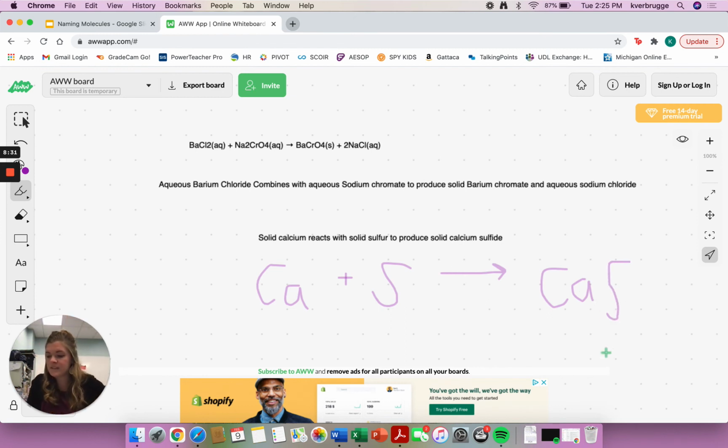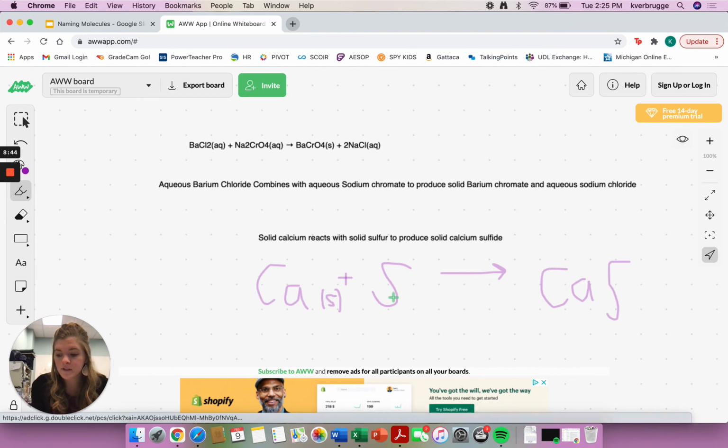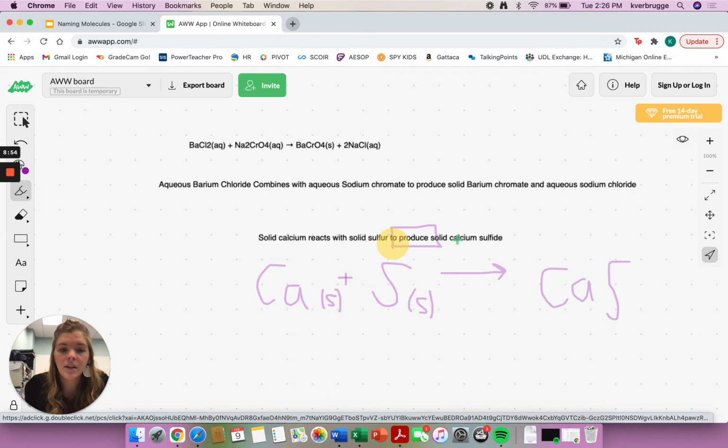If we have solid calcium, that's just going to look like Ca, and it's going to have a little S next to it because it's solid calcium. When we have solid sulfur, again, we're just going to have that little S. That word produce told me that I'm going to be making something, so that's when I have my yield sign, to produce calcium sulfide.